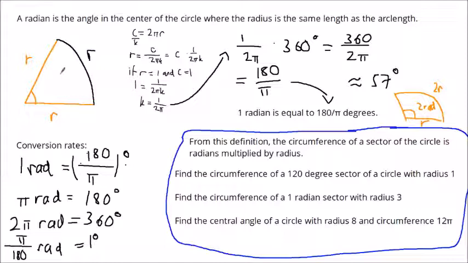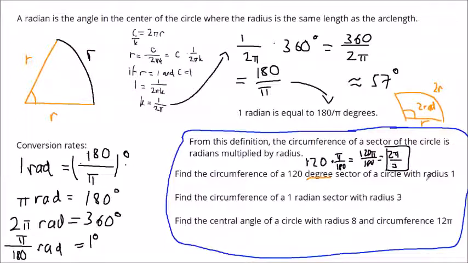Find the circumference of a 120 degree sector with radius 1. This is 120 degrees, not radians, so we're gonna have to use our conversions. 120 times pi over 180, because 1 degree is pi over 180. So 120 times pi over 180 is 120 pi over 180, or simply 2 pi over 3.